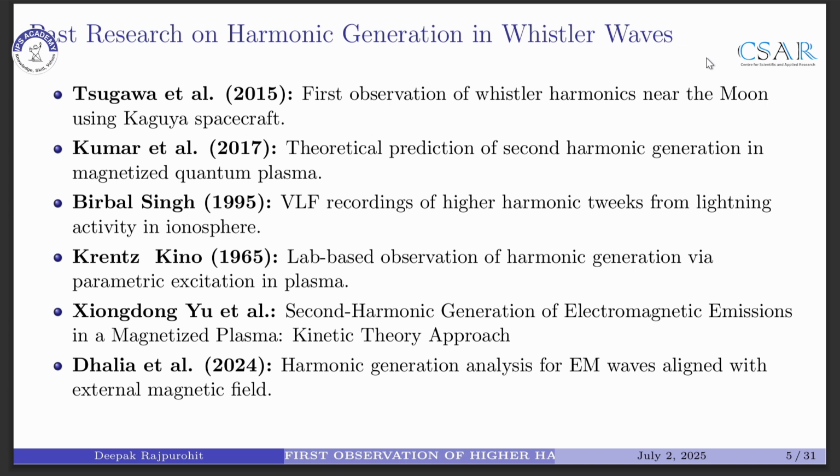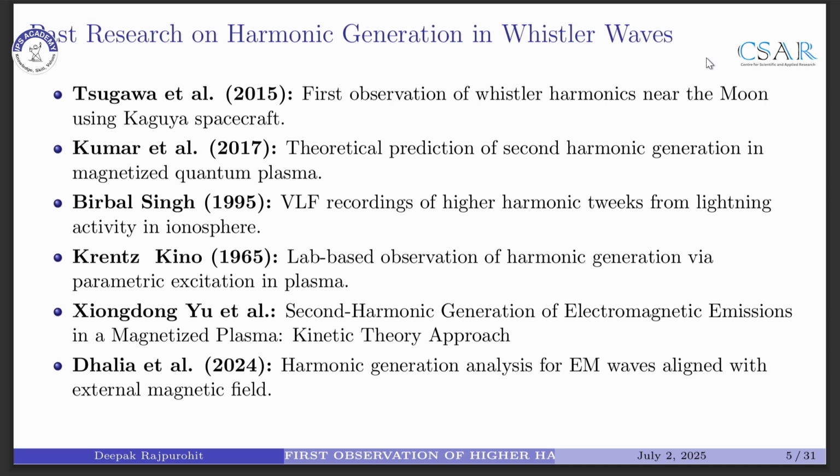These are some glimpses of past research on harmonic generation in Whistler waves. In 2015, Sugawa reported the first observation of harmonic generation in Whistlers near the Moon using the Kaguya spacecraft.